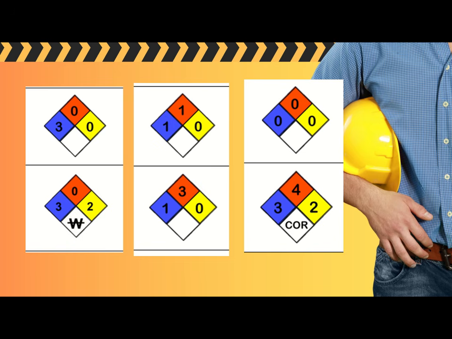Ignite. What's the vocabulary word that we have? Flashpoint. Very good. Yellow. It is stable. Blue. And white. No special.